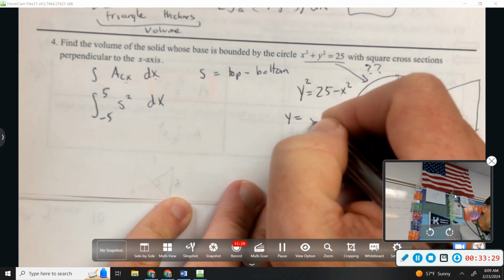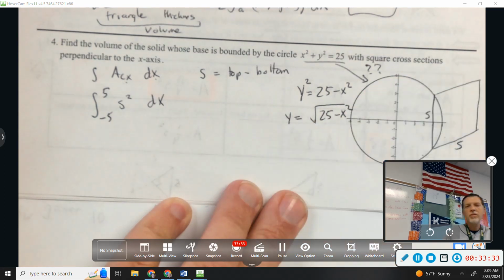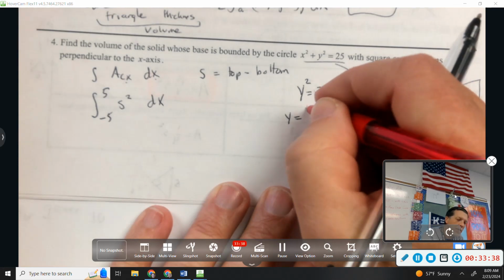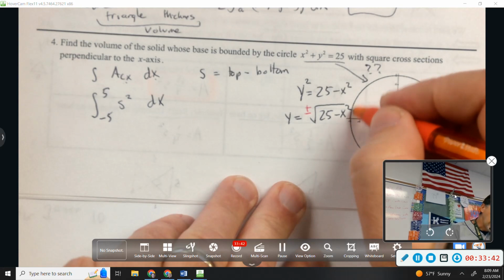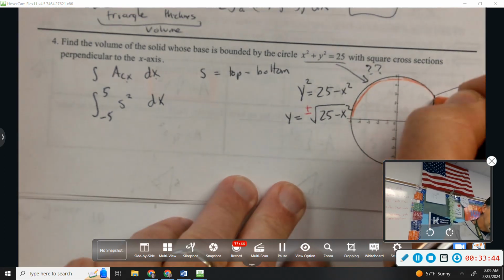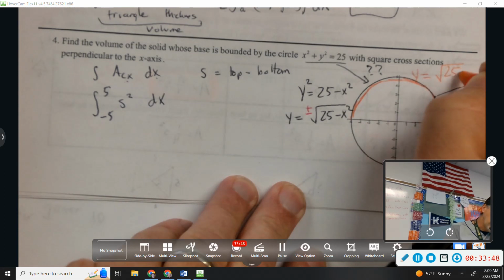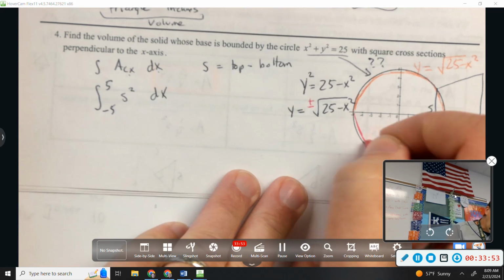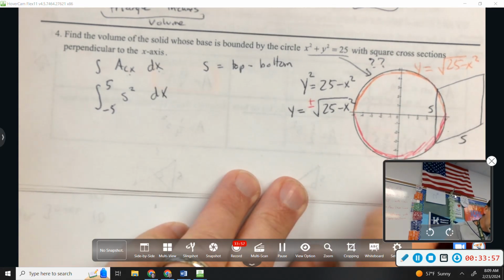What do you have to do when you put the square roots on? Can you square root both sides? Plus or minus, and maybe that's a hint as to what's going on. The top half of the curve is the positive square root of 25 minus x squared. And the bottom half of the curve is negative square root 25 minus x squared.